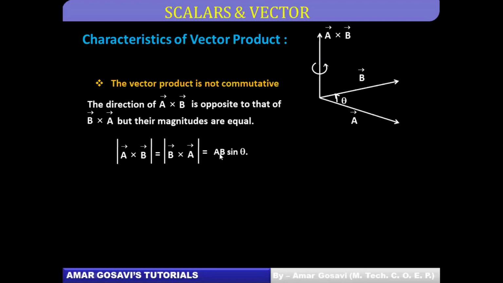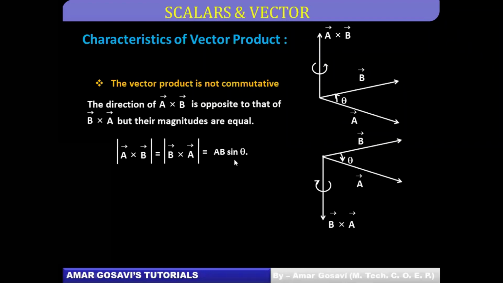They are opposite. B bar cross A bar is directed downwards, perpendicular to the plane as per the right hand rule.